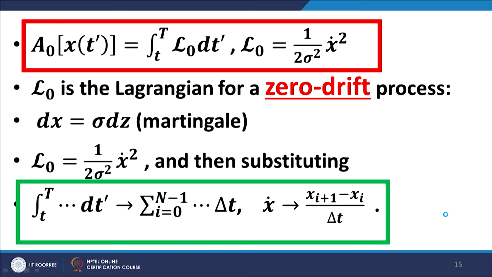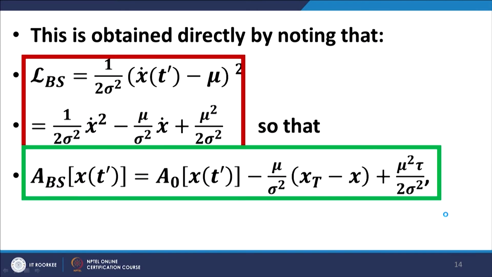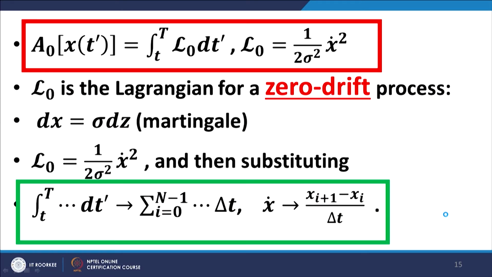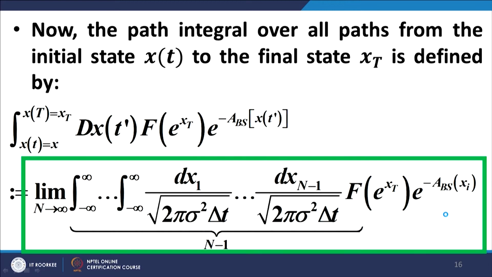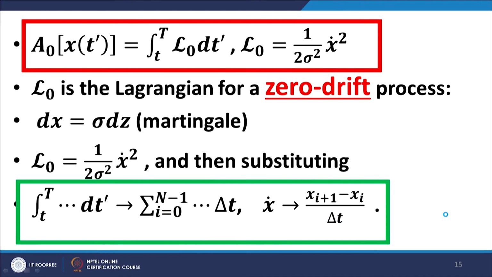The process of discretization is explained in the green box here, and the expression that we end up with is precisely what we have in the previous slide. By making these integral substitutions, we will have the expression for A0 in the next slide. I will come back to it in a minute.